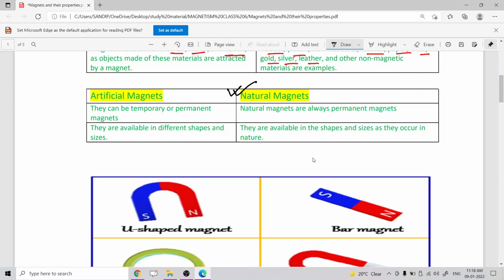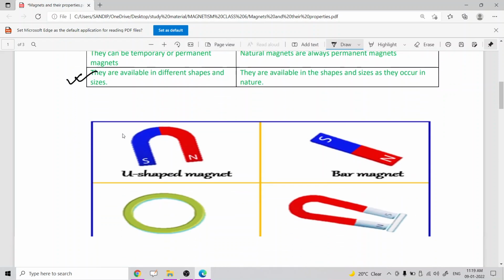But artificial magnets can be temporary or permanent, depending upon how we form or create the magnet. Sometimes it may be temporary, sometimes permanent, and they are available in different shapes and sizes.